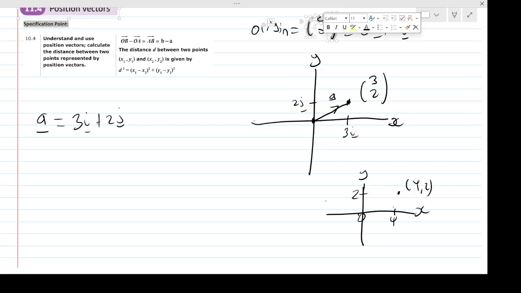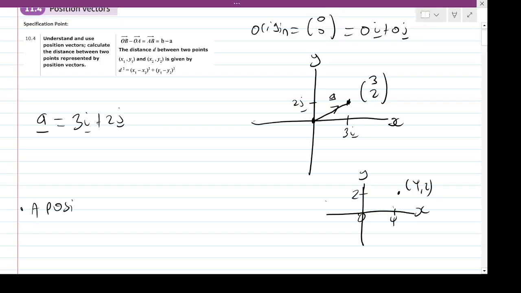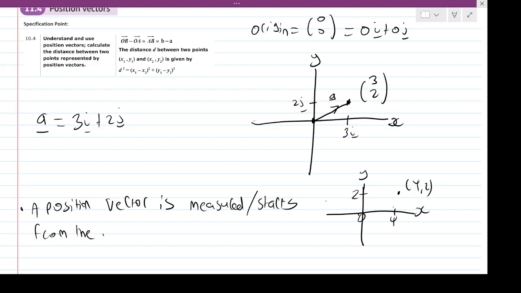In vector form, a position vector is measured from, or starts from, the origin. So it's essentially a coordinate, which we've seen since key stage 3 or earlier.